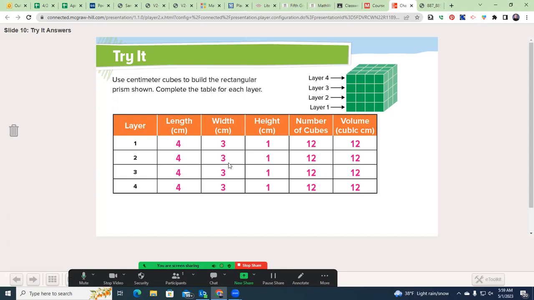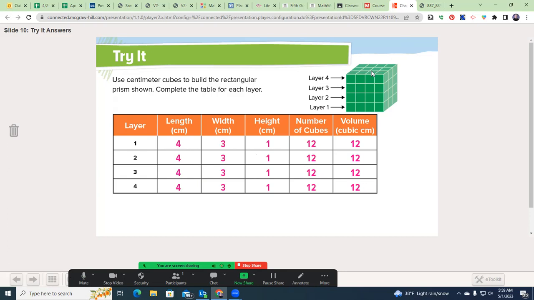And if you multiply 4 times 3 times 1, well, 4 times 3 is 12. The identity property tells you it's 1. So 12 times 1 is 12. And every layer will have 12. That means in every layer, the cubic volume is 12.